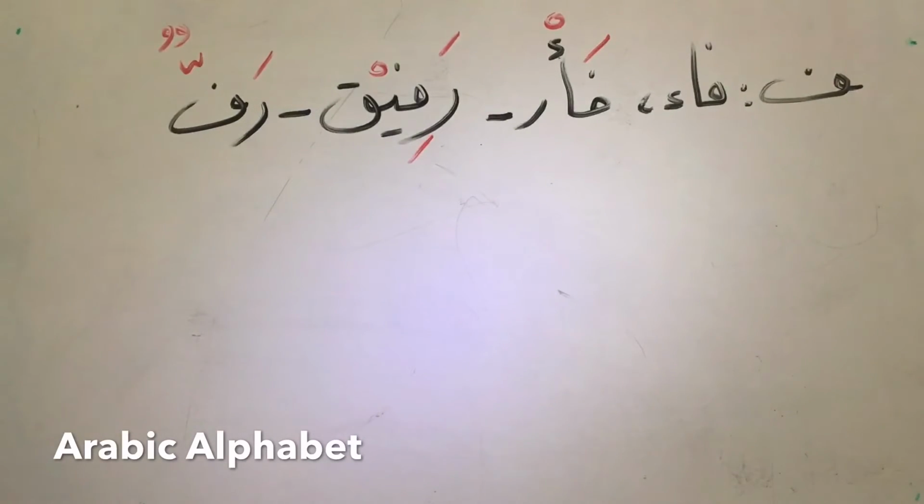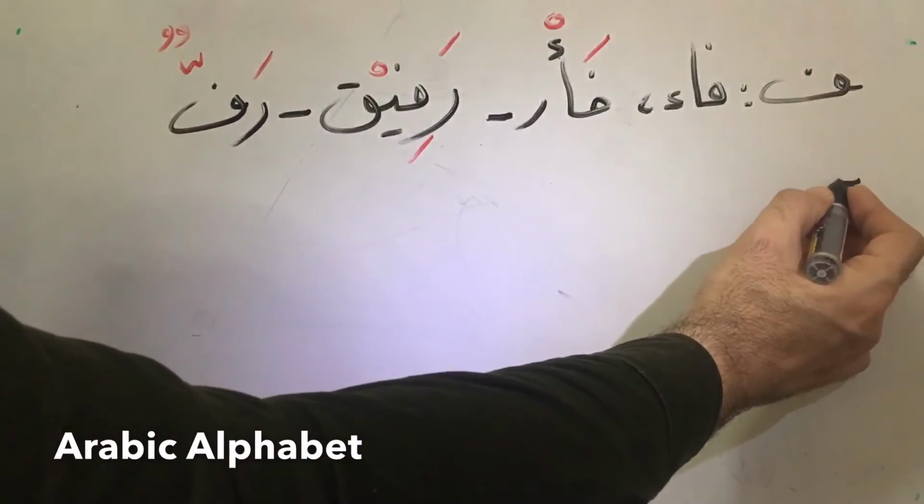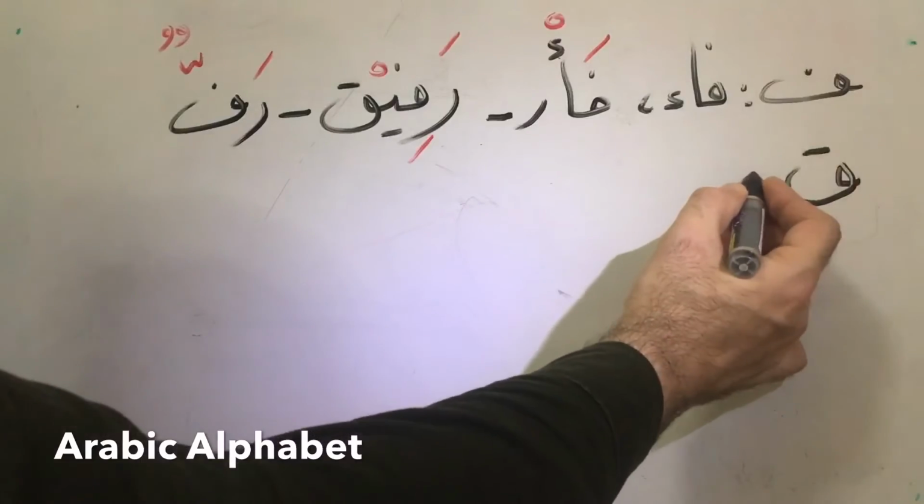The next letter is similar somehow to Fa, but we have 2 points over, not one. It is Qaf.